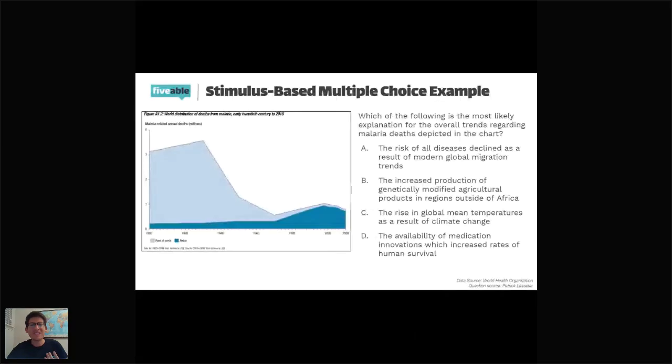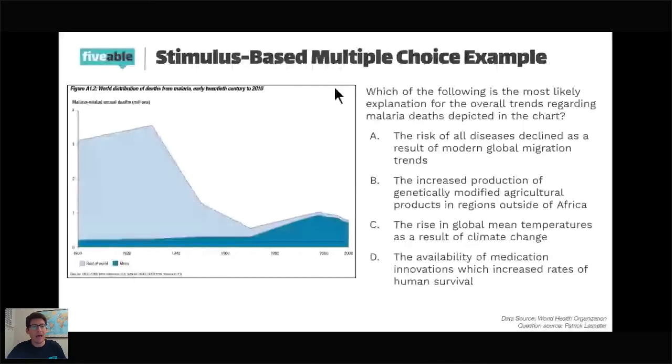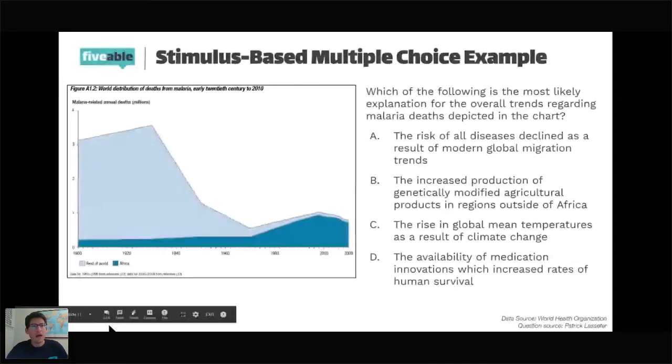So with this question, you have a chart, and since I'm looking at sourcing this chart, I want to think about, all right, what is the chart saying? Well, here you have world distribution of deaths from malaria in the early 20th century: malaria-related deaths in millions, 1900 to 2009.